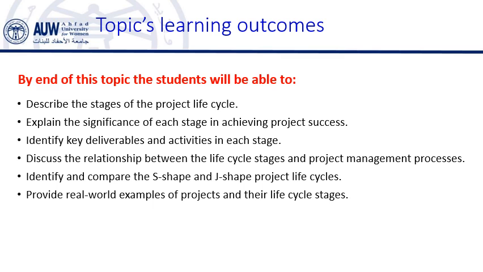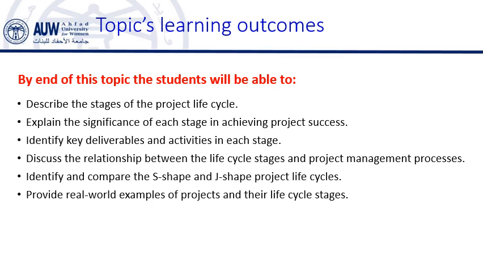The fourth learning outcome is to be able to discuss the relationship between the life cycle stages and project management processes. We will explore how life cycle phases integrate with processes like risk management, budgeting, and stakeholder communication.